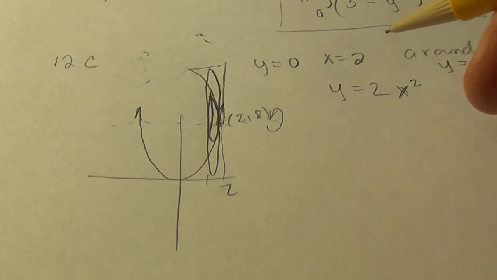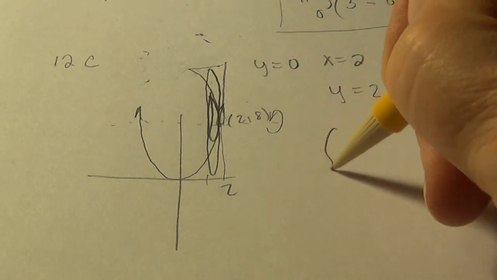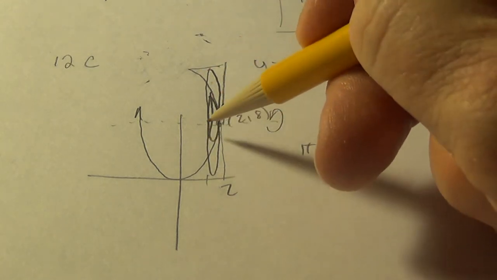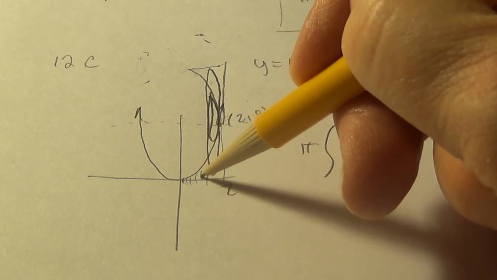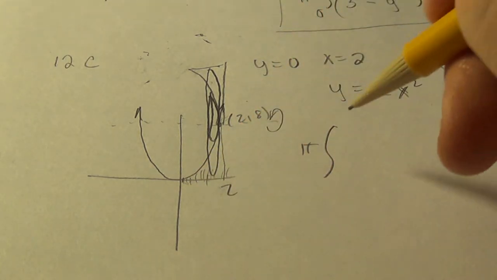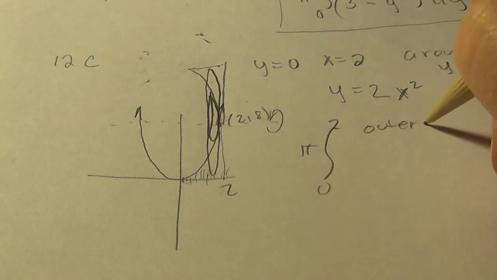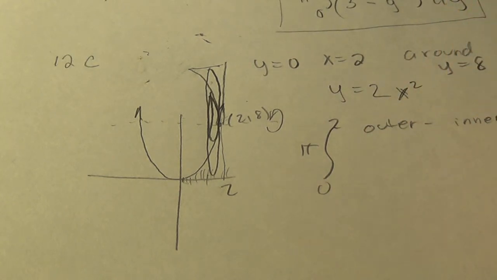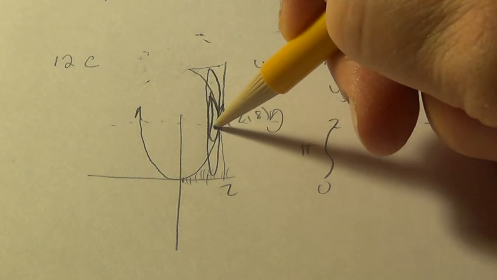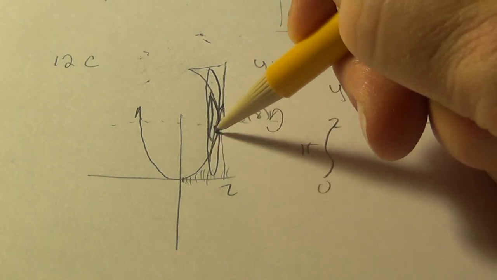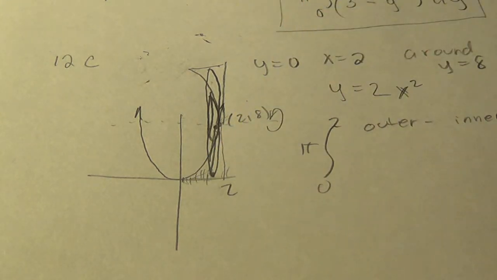So let's look at that one. We're going to go the integral of pi. These are going to stack up from here all the way over to here, so from 0 to 2. And now we want the outer radius minus the inner radius. The radius goes from here all the way down to here, and it'll be the same all the way across.